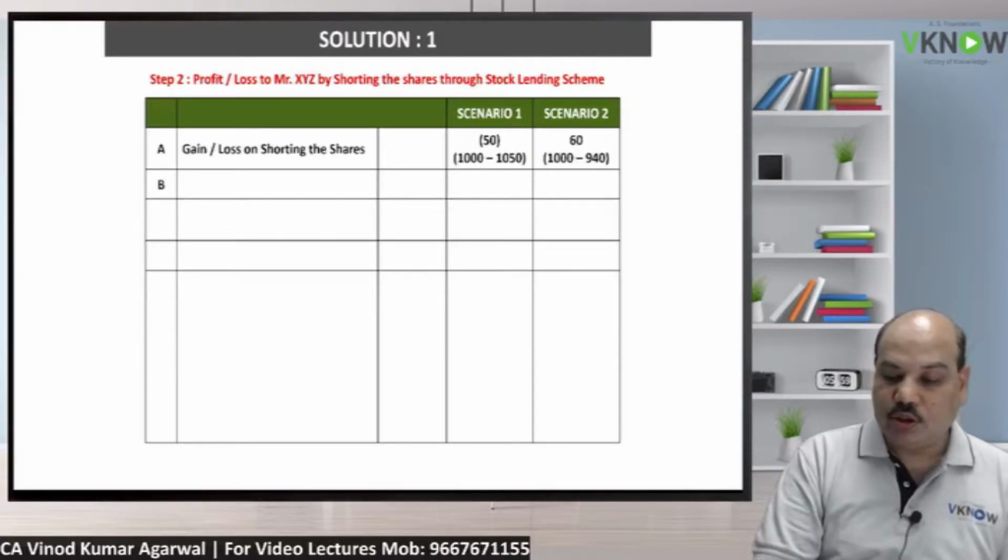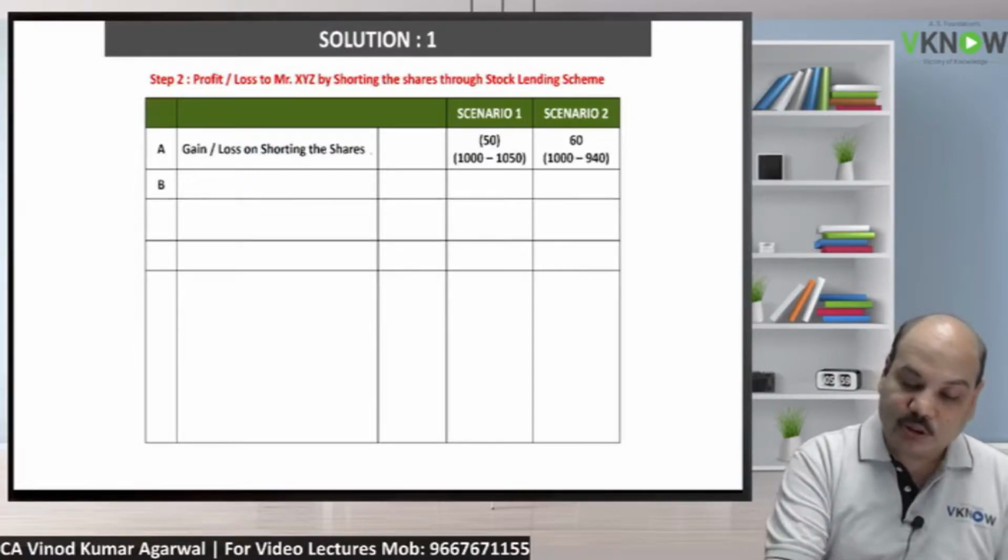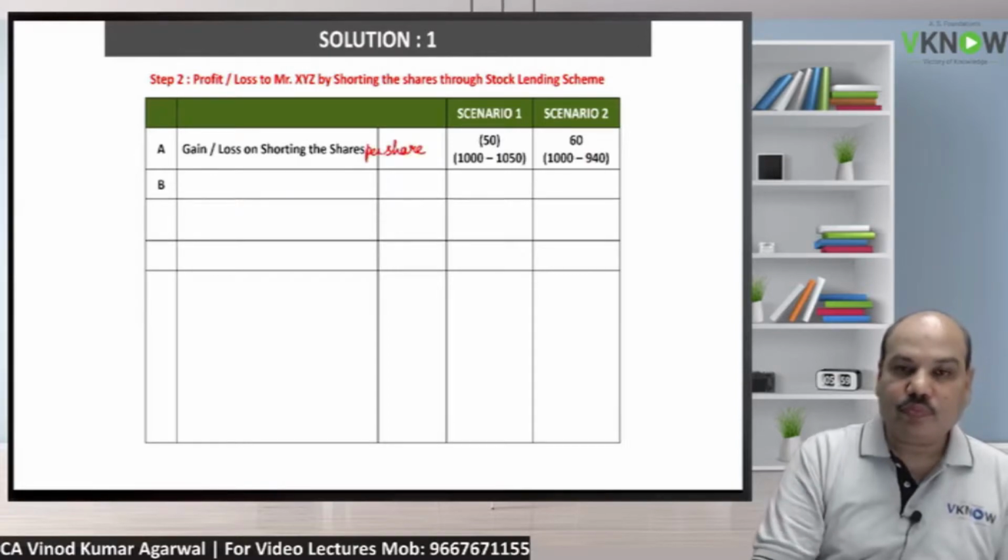So first you write down gain or loss on shorting the share per share.